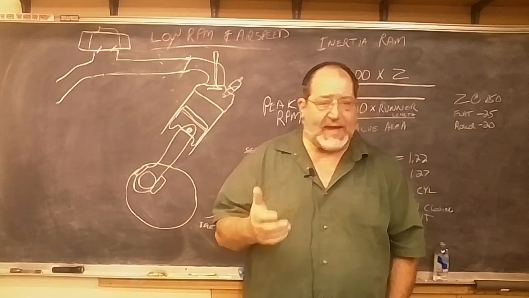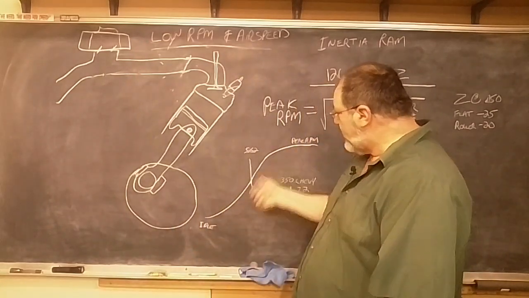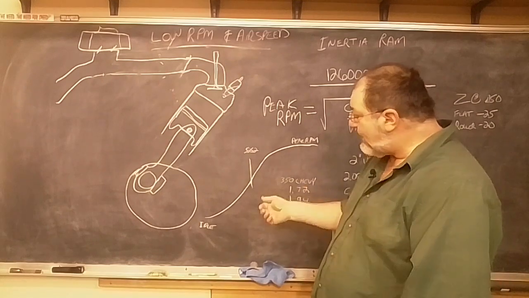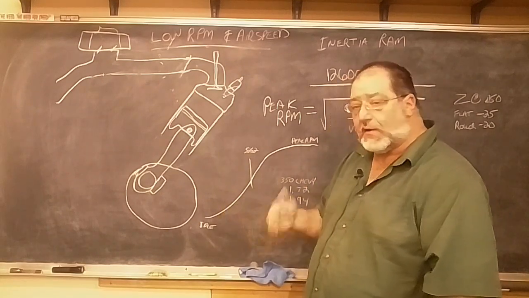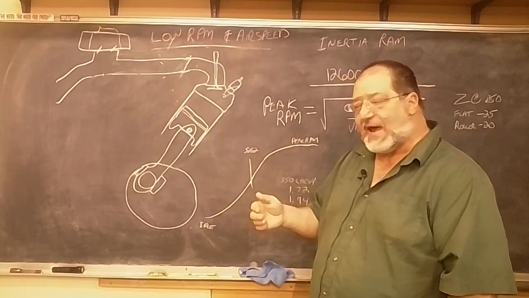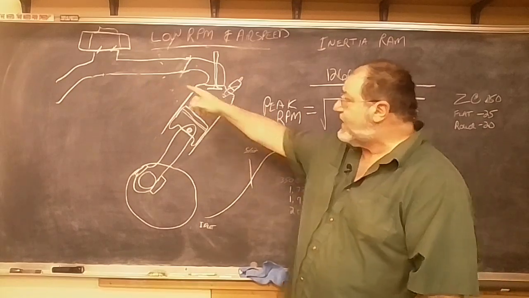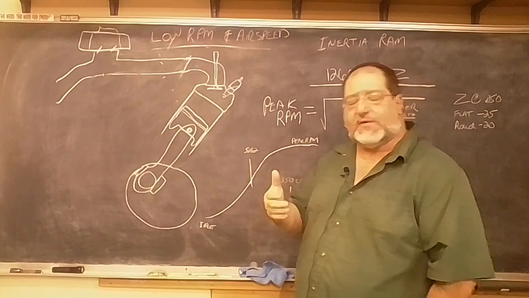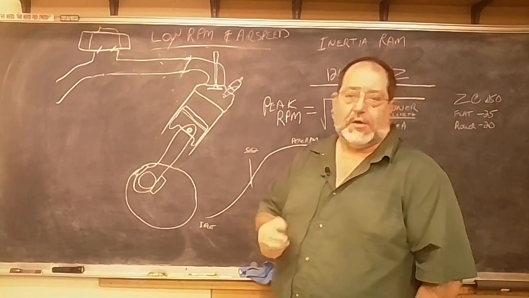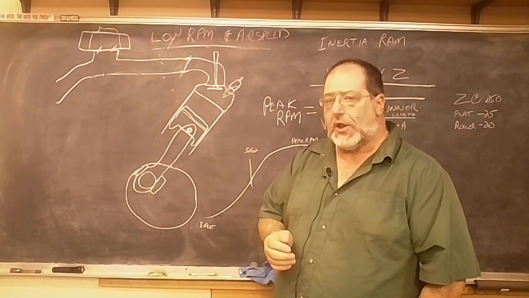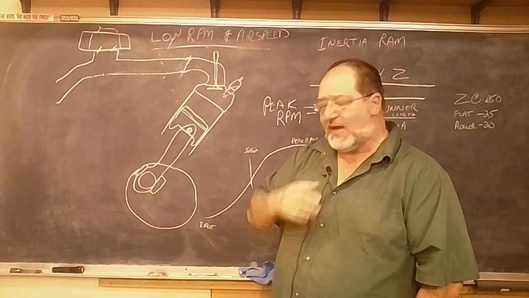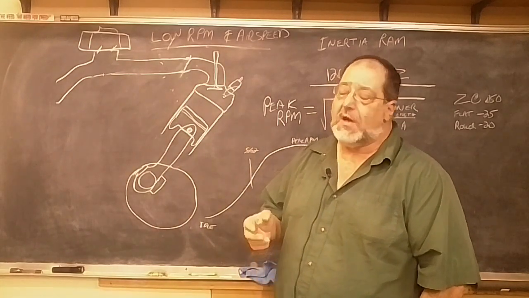Now, in looking at RPM, you really need to think about airspeed. And what happens is, as the cycling of the motor goes faster and faster, your airspeed in the runner actually goes up with RPM. This is why you have engines that don't always do real well at low RPM, and once you hit a certain RPM, they take off and they run like a bandit.